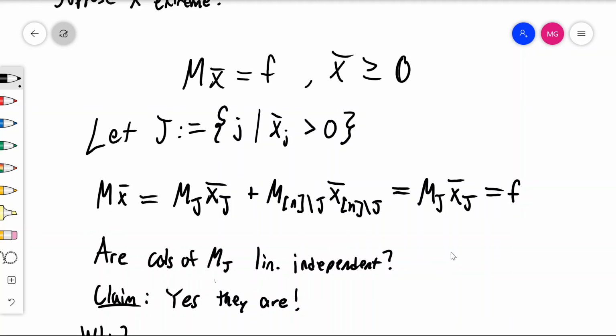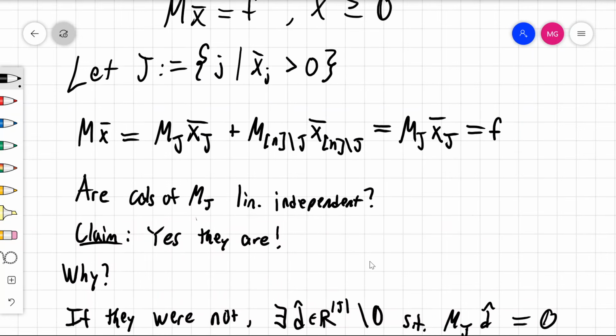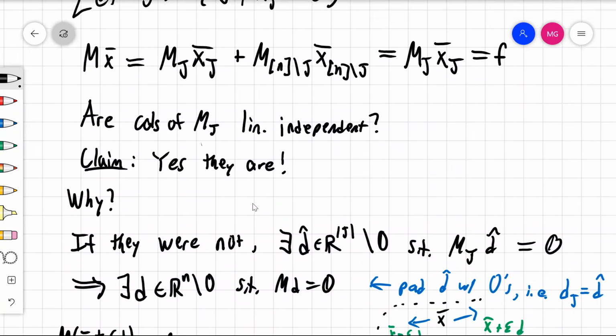And it doesn't matter which basis; starting from J, you extend to any basis, and x bar will be a basic feasible solution for that basis. So the question just becomes, are the columns linearly independent? And the claim is, yes, they are. So why is that true?